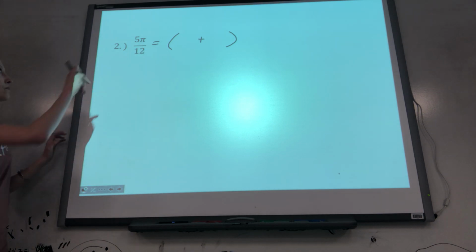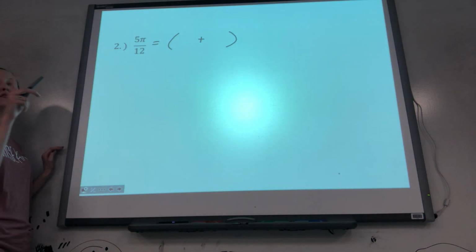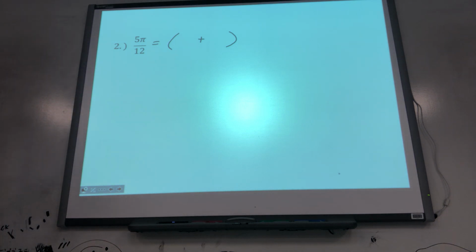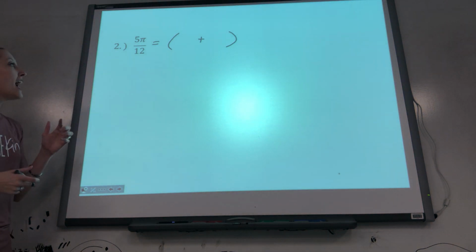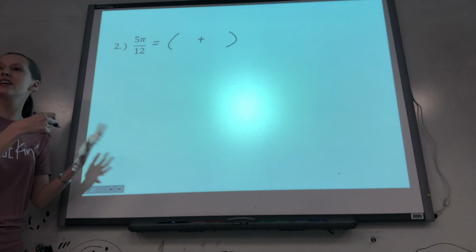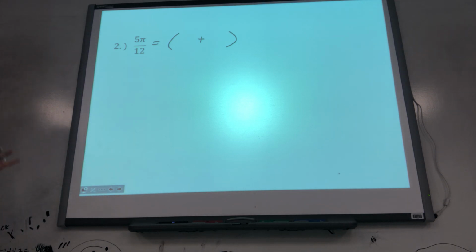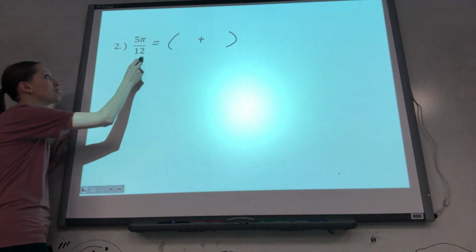Now again, this is not as easy to think about because first of all, it's a fraction, and second of all, it has pi in it. So that always kind of throws us off. Okay, so watch here for a second about how I like to think about it, and if this doesn't work for you and you find a different way, that's perfectly fine. But this is what I like to start out doing.